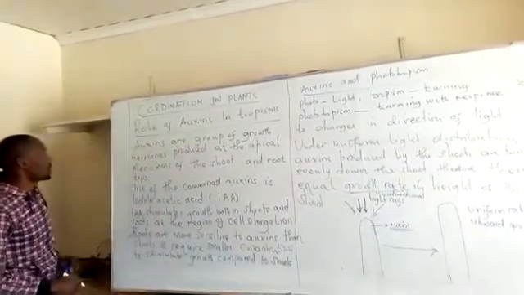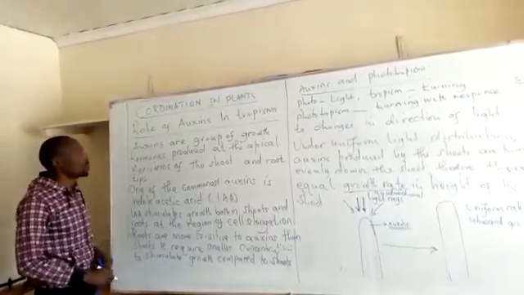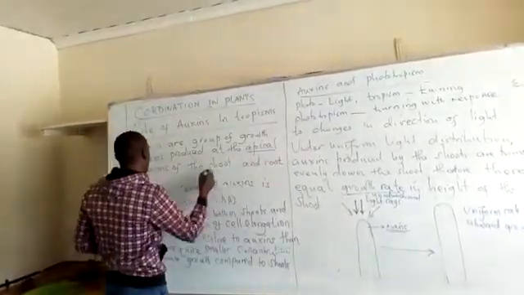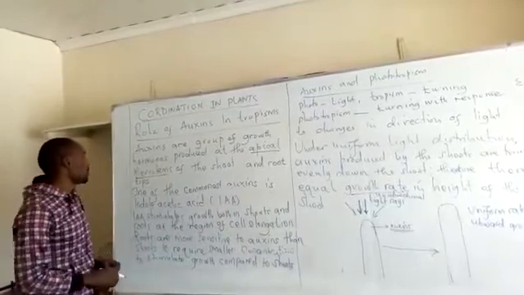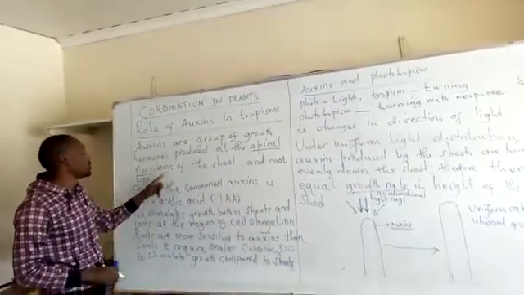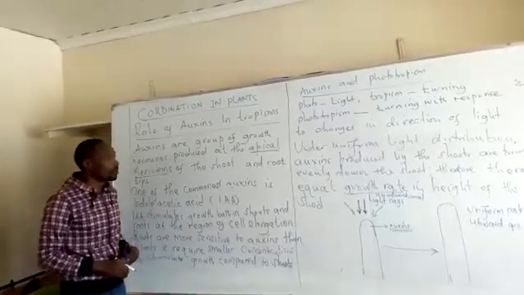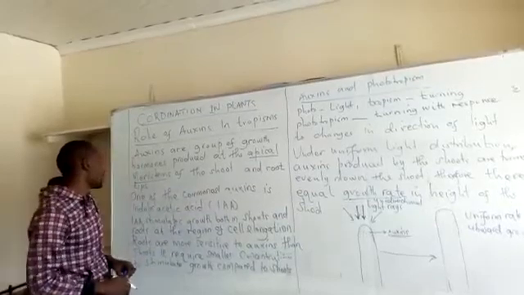So what are auxins? Auxins are a group of growth hormones that are produced at the apical meristems. Remember, in Form 3, we said that the apical meristems are specialized cells for cell division that are located at the tips, as the word goes, that is at the tips of the shoot and the root.